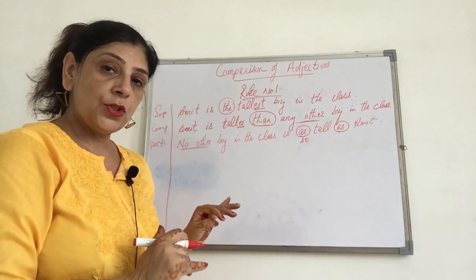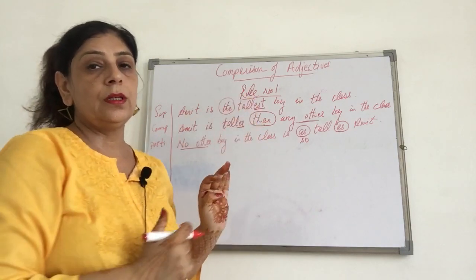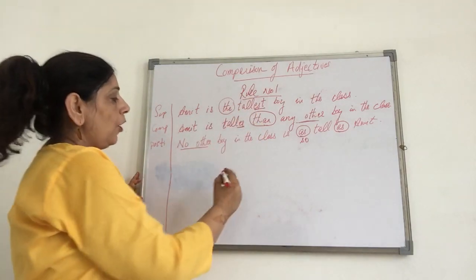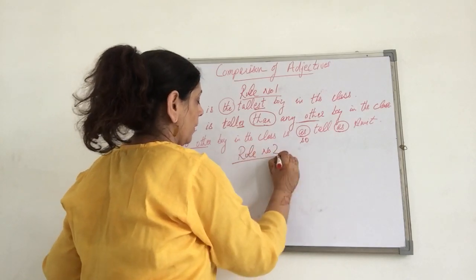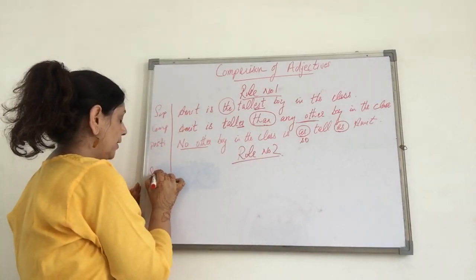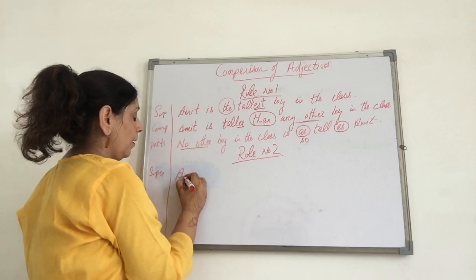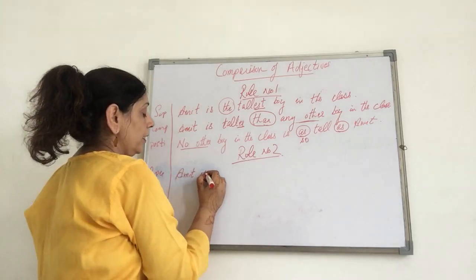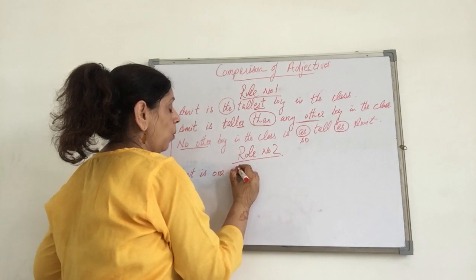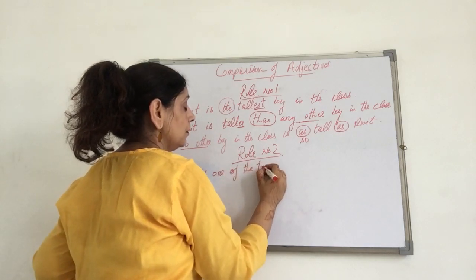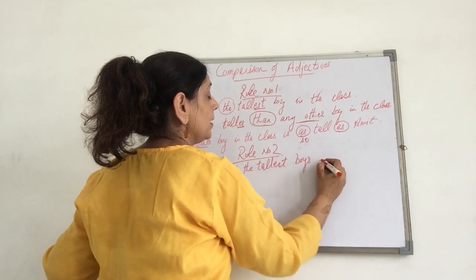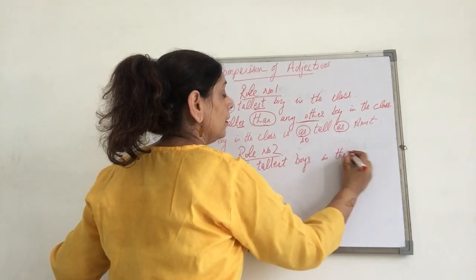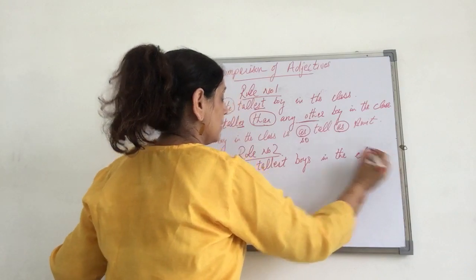Let me write the rule number 2, then I will draw the comparison between the two. Now for rule number 2, superlative degree. Amit is one of the tallest boys in the class.